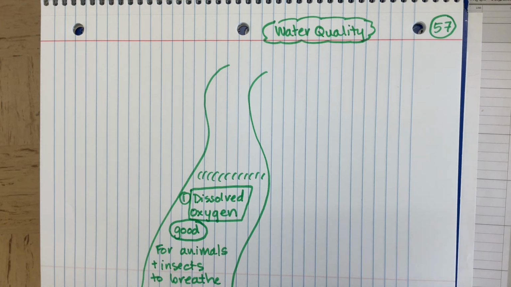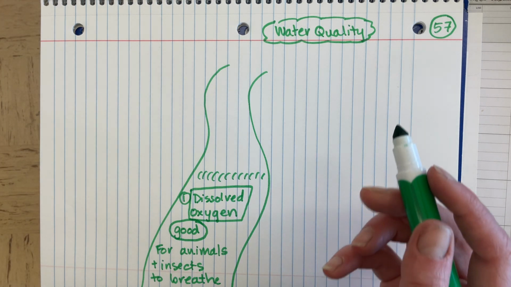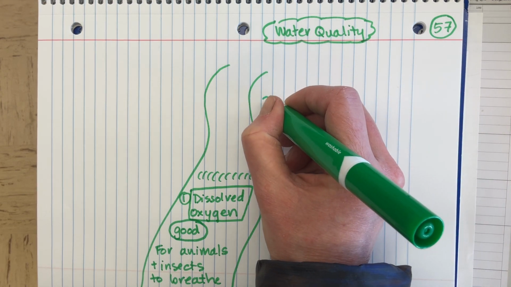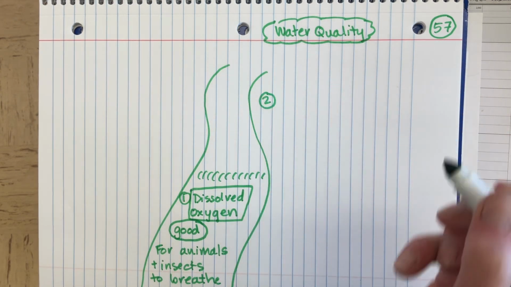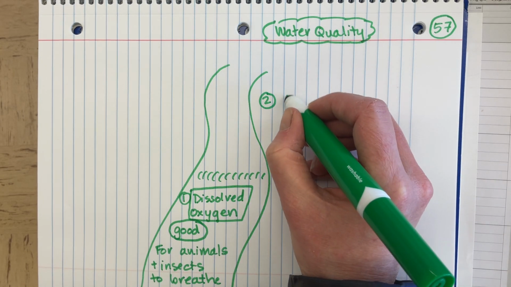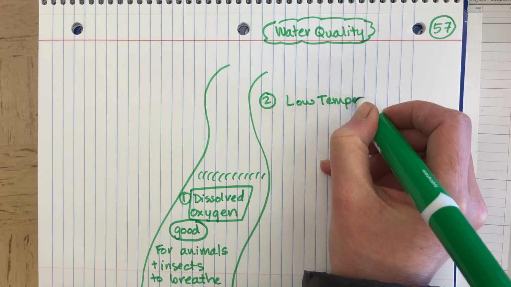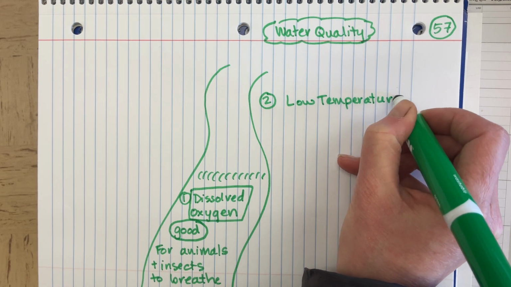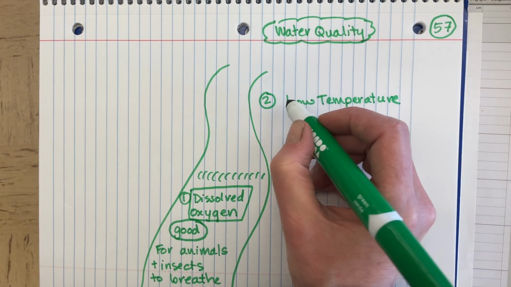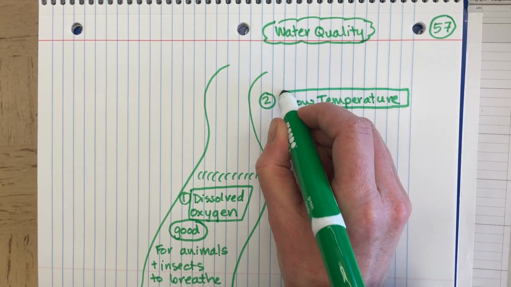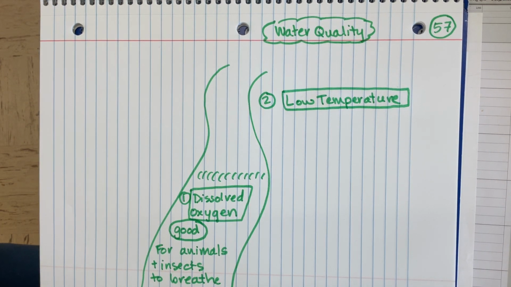Another thing that we tested when we tested Camille Creek water was the temperature. So number 2, but we'll put down low temperature is what we want in creeks and rivers around the Pacific Northwest. So colder, generally around here, is better.